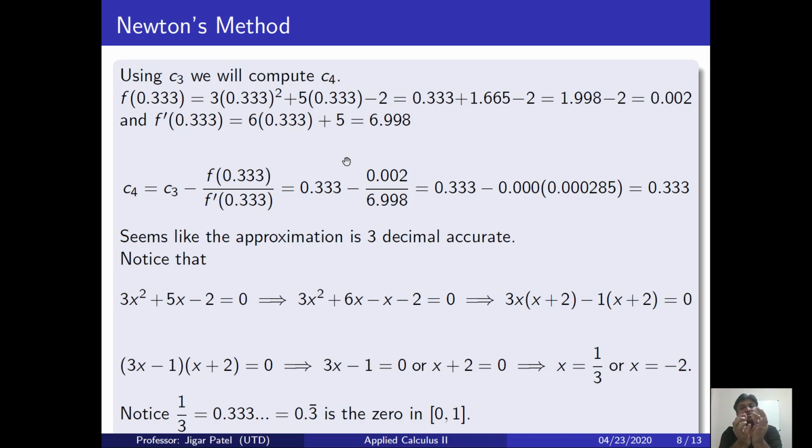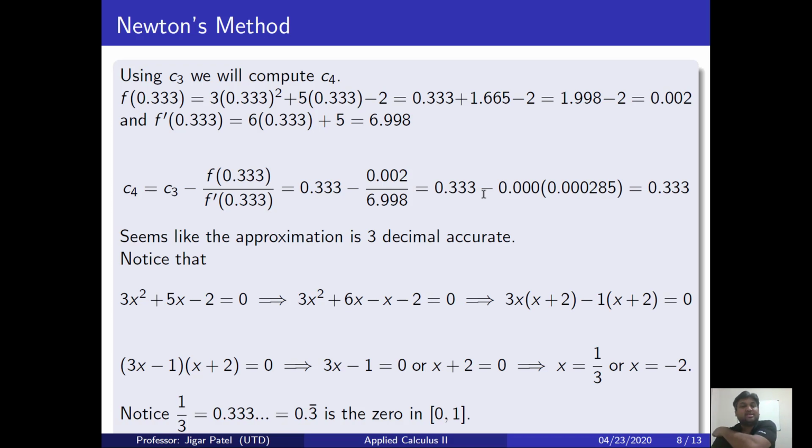The smaller interval you choose, the better your approximation will be, and the faster you will get that approximation. For example, instead of doing 0 to 1, if you had done 0.2 to 0.4, then this approximation would have given you a 3 decimal accurate answer in 2 steps or so.